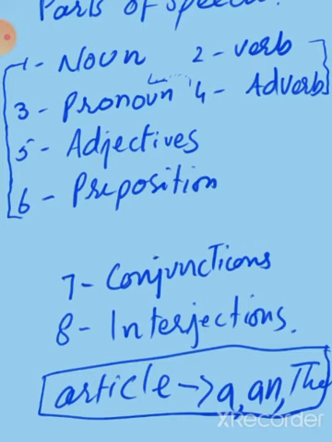Now one by one we will know what these parts of speech are, and each part of speech has a specific function as far as sentence making is concerned. Coming to the noun. What are nouns? Definitely all of you know what nouns are.